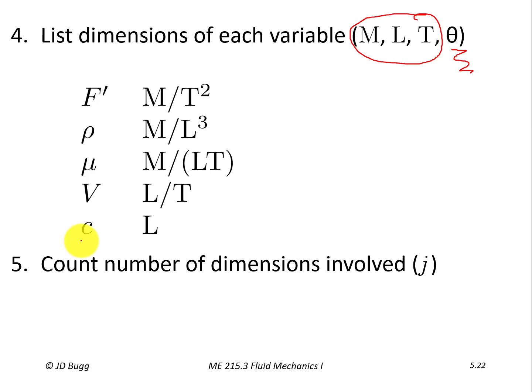So if we had listed some other property of the air, perhaps like its specific heat or something like that, then we would have an additional independent variable and temperature might enter the problem. But for this illustration, the number of dimensions involved is just 3. So J is equal to 3. So we have an N of 5 and a J of 3.